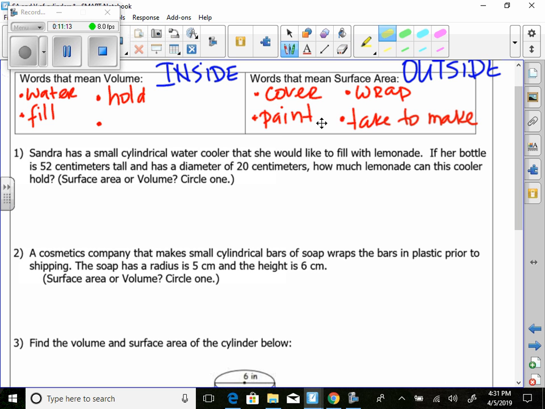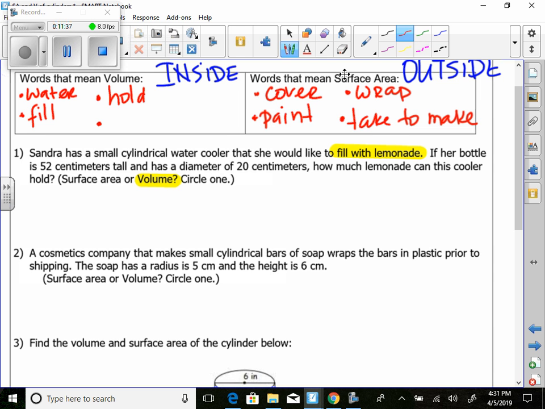My first question. Okay, so just go back through the problem and see what keywords we can identify. She has a small water cooler that she would like to fill with lemonade. There's no way she's going to put the lemonade on the outside of that cooler, right? It's all going to go inside. So that tells me that it's a volume question.